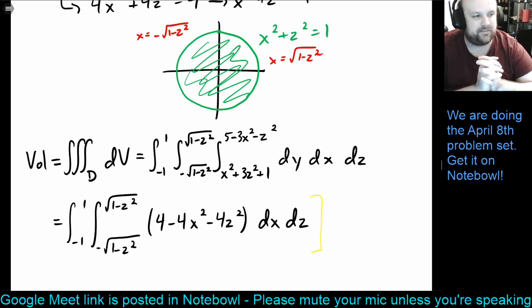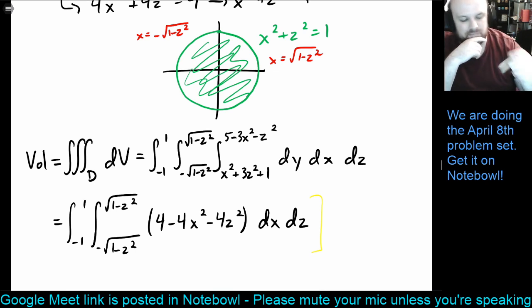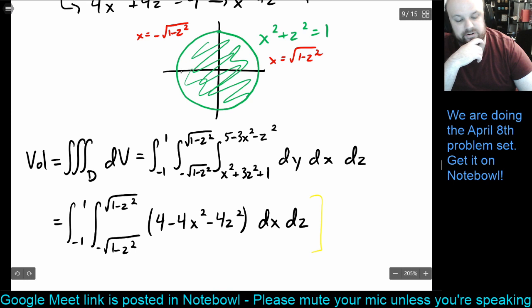Think about what that shape is, and if there's anything that would go well with it. So we did these yesterday. This is a circular region here.